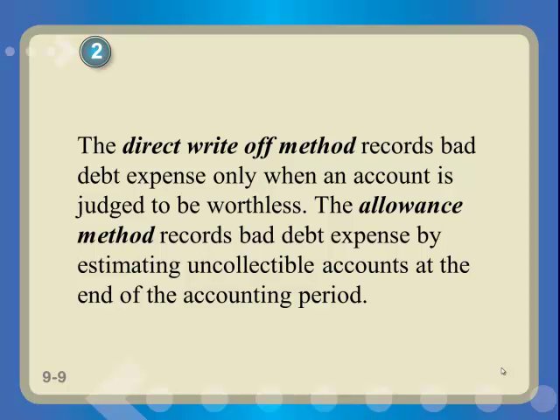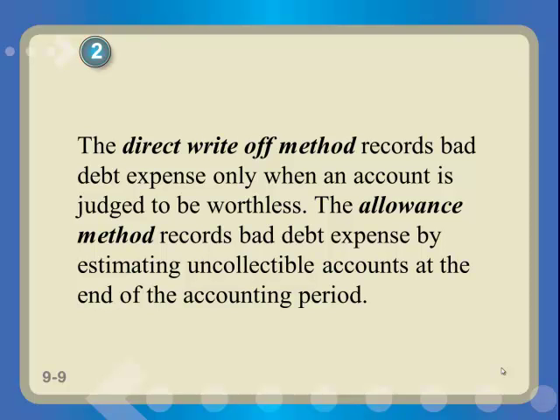You look historically and say, in the past we've not been able to collect 5% of sales, so we're going to book our bad debt expense at 5% of those credit sales. Or maybe you look at how many people are past due. If they're over 120 days past due, we're probably not going to collect. So you may add up that number, and that's what our bad debt expense is going to be. That's what our allowance account is going to be.